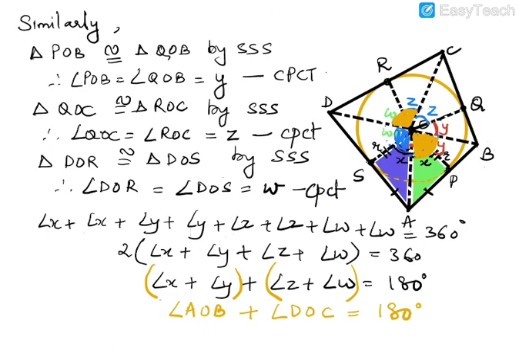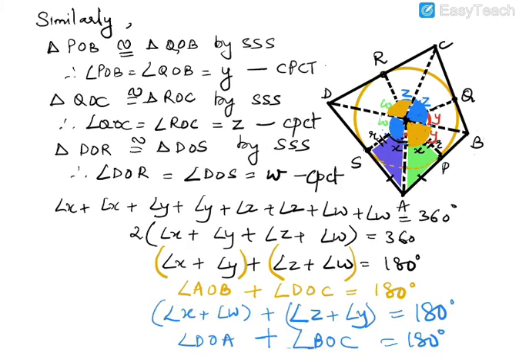Similarly, if we add X plus W, we get angle DOA, and if we add Z plus Y, we get angle COB. So we have proved the statement given in the question that the opposite sides of a quadrilateral that circumscribes a circle subtend supplementary angles at the center.